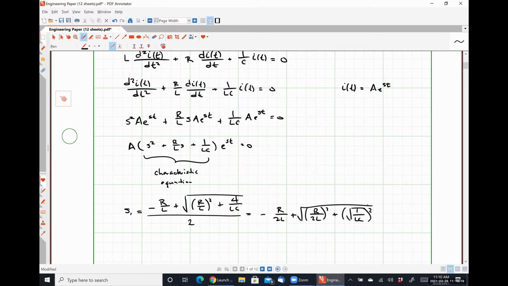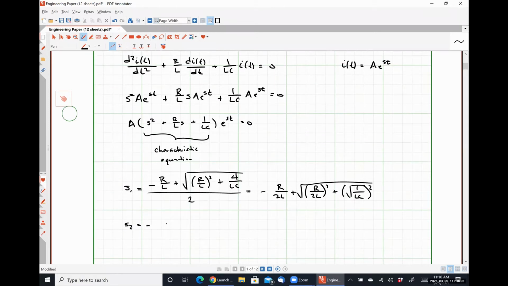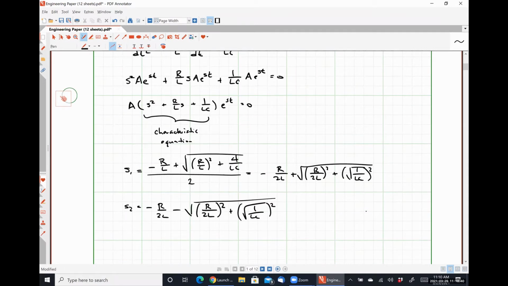And similarly, S2 will be negative R over 2L minus the square root of (R over 2L) squared plus (1 over root LC) squared, like so.